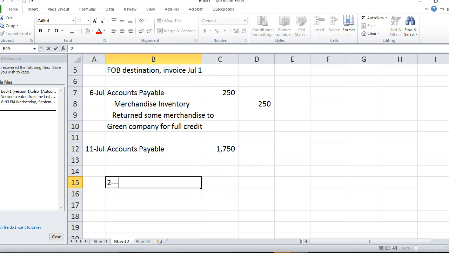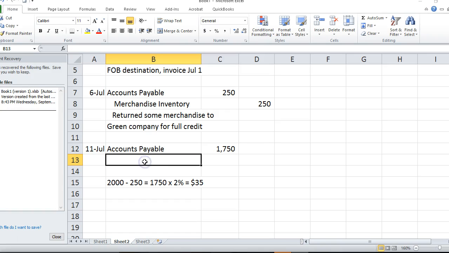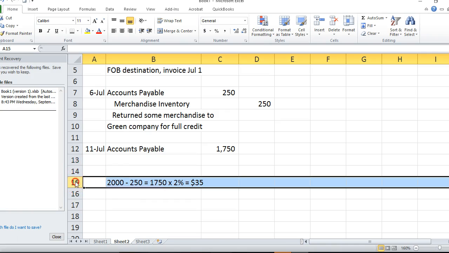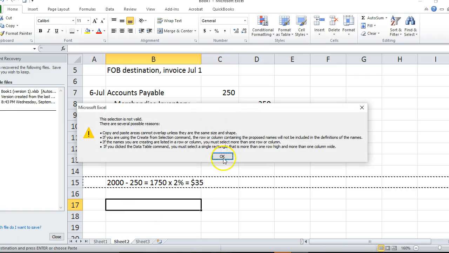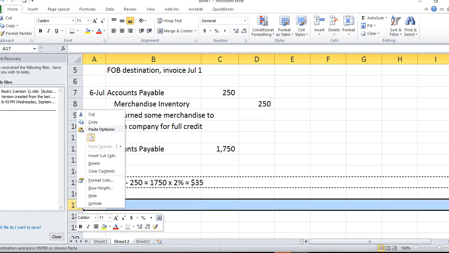The $2,000 minus the $250 is $1,750. 2% discount on $1,750 is what? $35. So if we pay them within 10 days, we get to reduce it by $35, don't we?